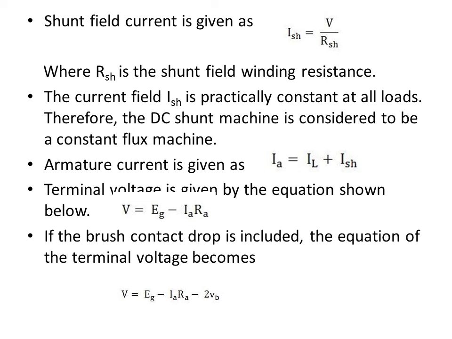The terminal voltage is given by V is equal to EG minus IARA. If the brush contact drop is included, the terminal voltage becomes EG minus IARA minus 2VP.